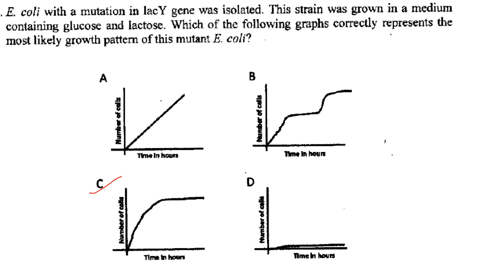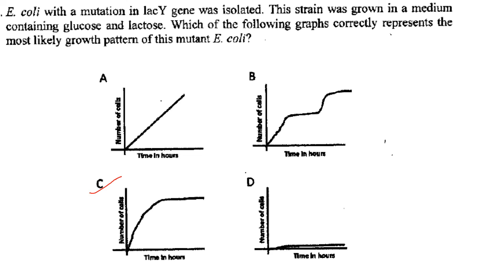Then next one. E. coli with mutation in LAC-Y gene was isolated. This strain was grown in medium containing glucose and lactose. Which of the following graphs correctly represent the most likely growth pattern of this mutant E. coli? So this particular E. coli has a mutation in the LAC-Y gene, and LAC-Y codes for permease enzyme.